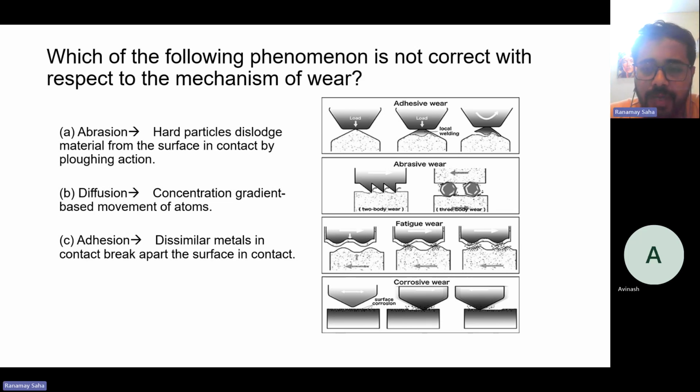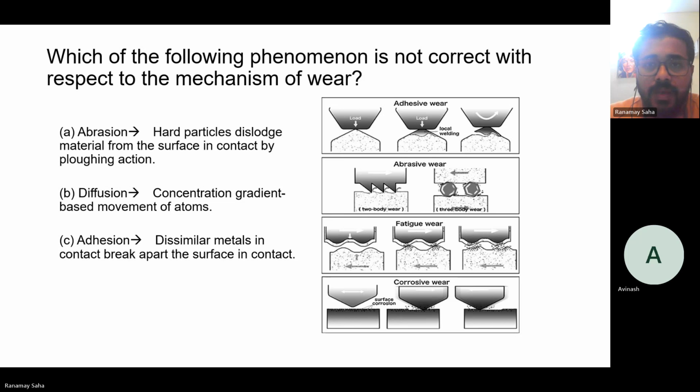Fatigue wear is a kind of wear on machine parts which are subjected to cyclic loading. What I mean to say is, you can think of some rotating parts within an engine. Then you can think of a belt and pulley, where parts are subjected to constant cyclic loading, maybe thousands of cycles.